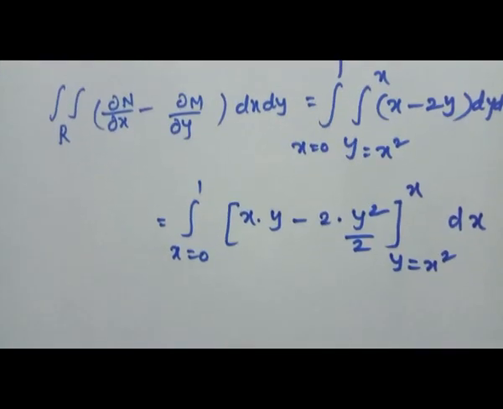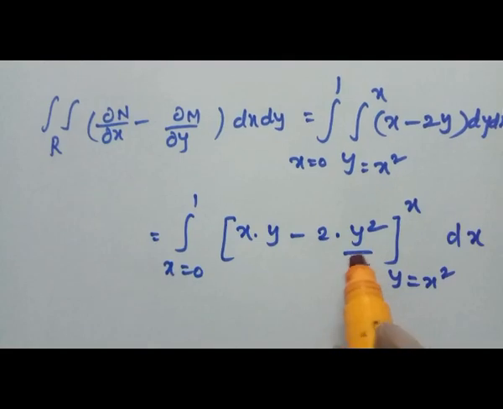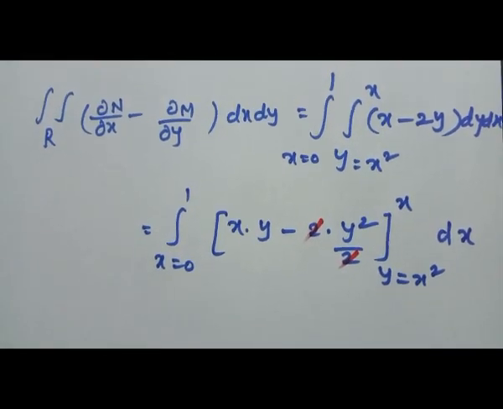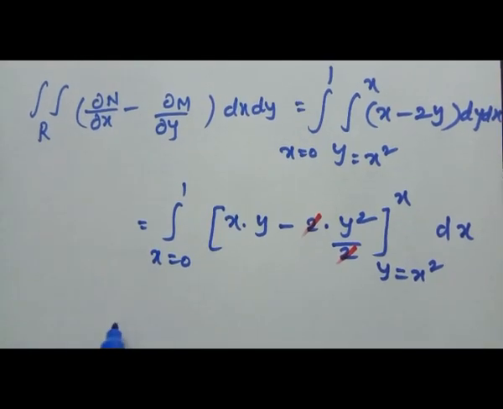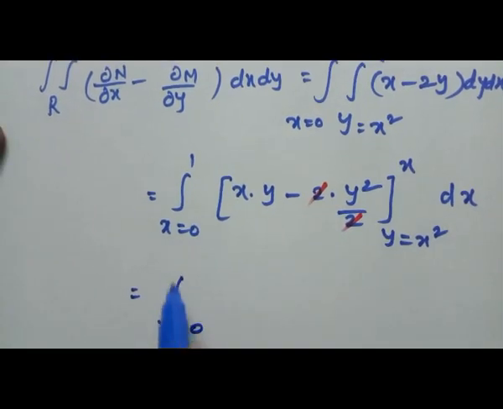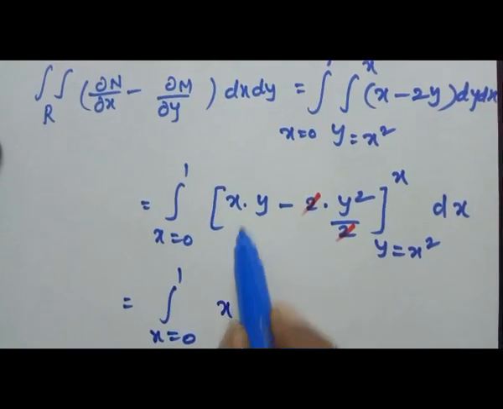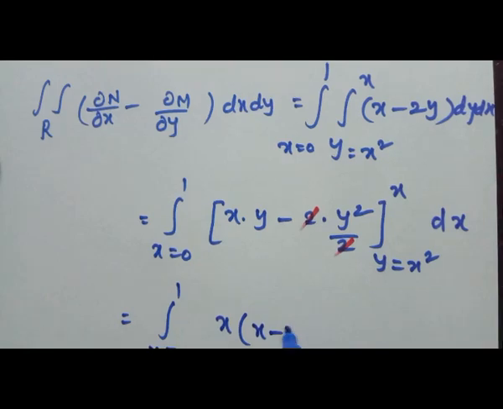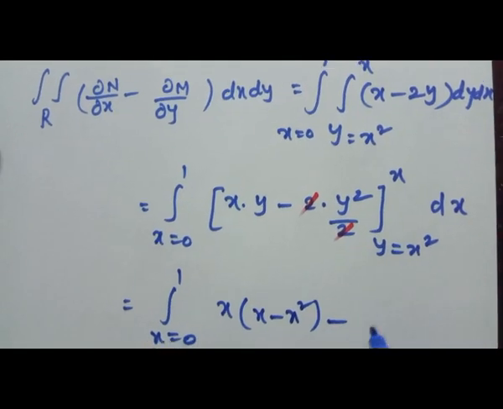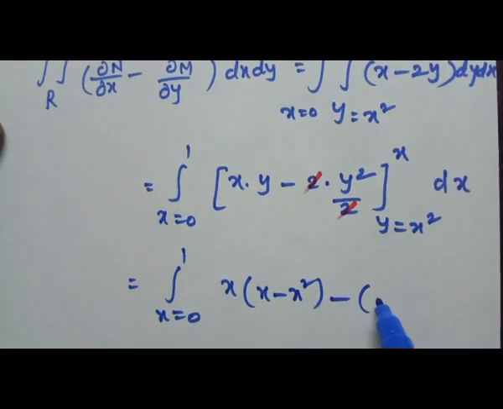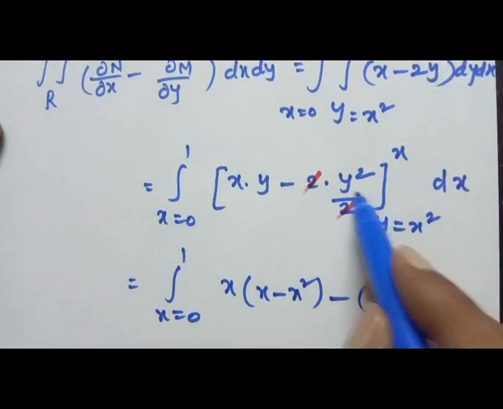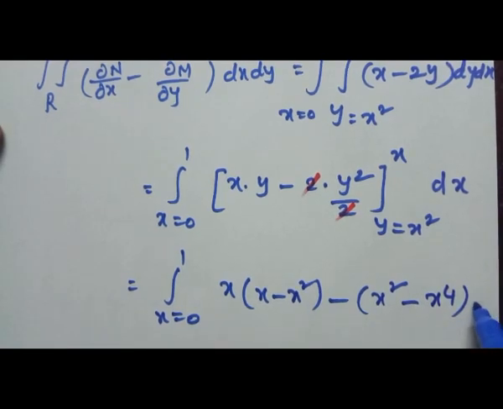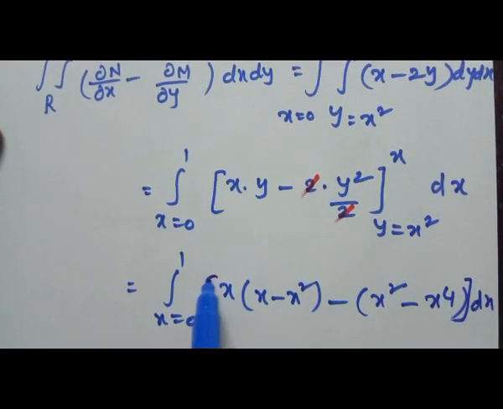Here the 2 gets cancelled. Now substitute the upper limit minus the lower limit. This is the integral from 0 to 1 of x into (x minus x square) minus (x square minus x power 4) dx.